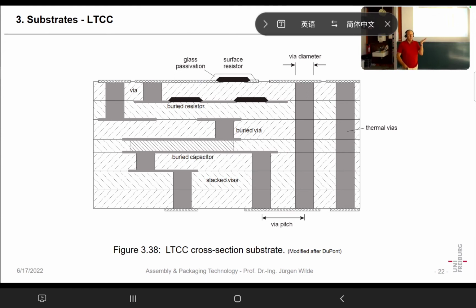If we have a ceramic multilayer circuit, how can we produce a via going through that ceramic material and being filled with silver, for instance? How can we produce that? Do you have ideas?